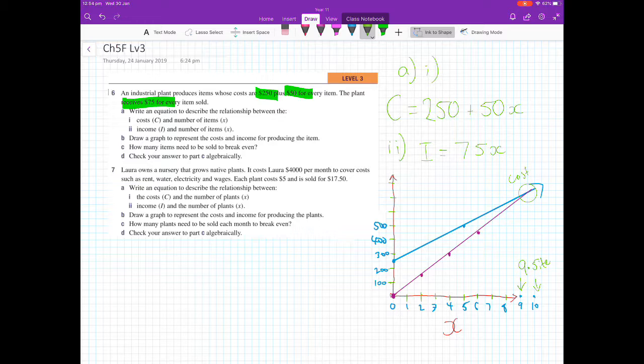And the way to find that out, if you haven't drawn well, and again, make sure you are actually trying to draw well, is to do it algebraically. We've done that multiple times. We are solving two sets of simultaneous equations. Let's chuck them in. The break-even point is where C equals I, so where 250 plus 50x equals 75x.